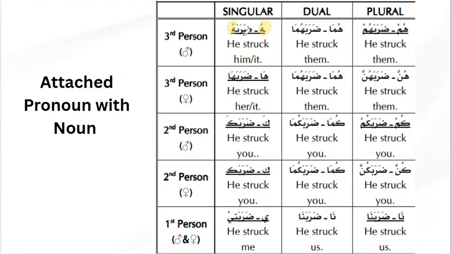Is it a fa'il or an ism? Because if it's an ism, the meaning will change, right? If it's a fa'il, the meaning of hu will change. I see daraba is he struck. Then hu is him. So he struck him or he struck it. Now within this one word, darabahu, you have a full sentence in Arabic. Do you understand?